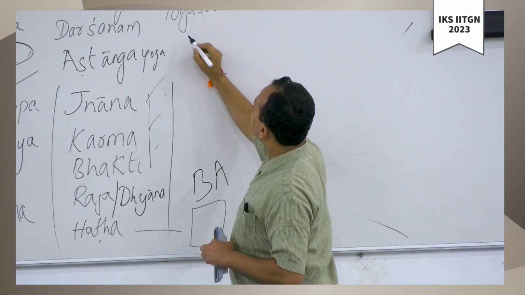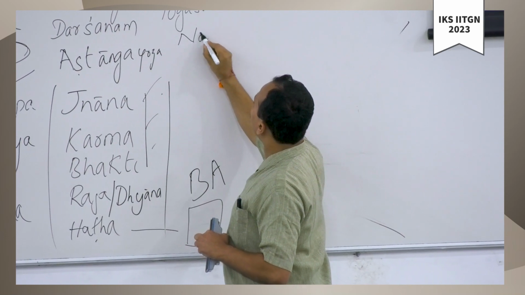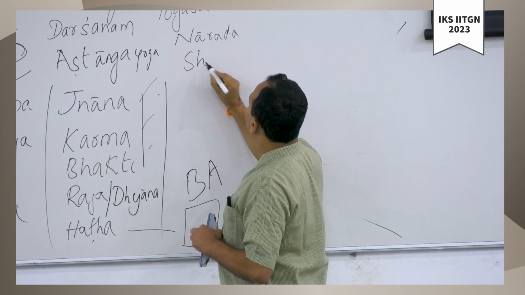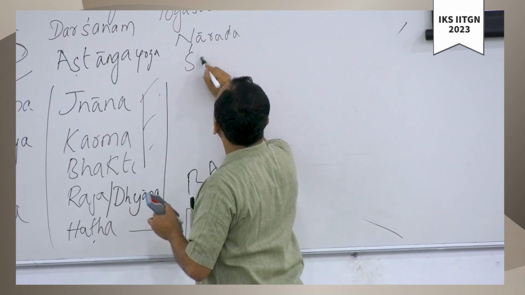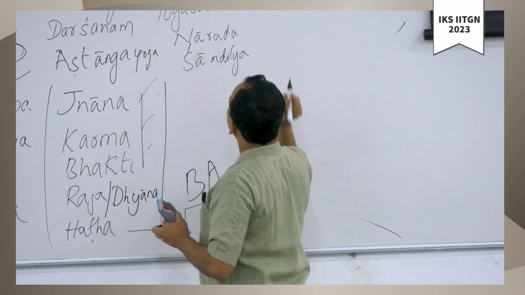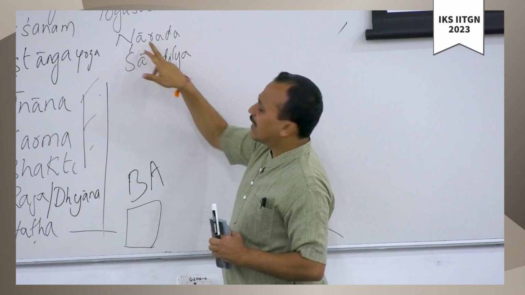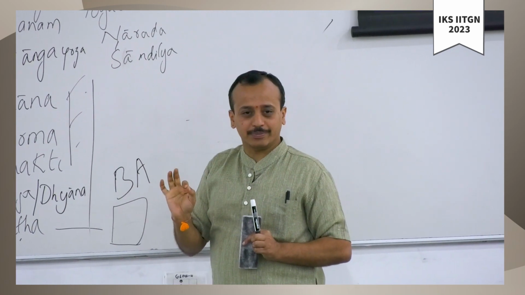When it comes to Bhakti Yoga, I have a couple of important books. One is Narada Bhakti Sutra and Shandilya Bhakti Sutra. Narada Bhakti Sutra has one of the beautiful definitions of Bhakti.